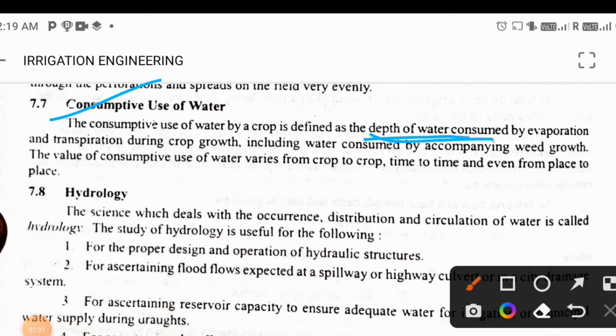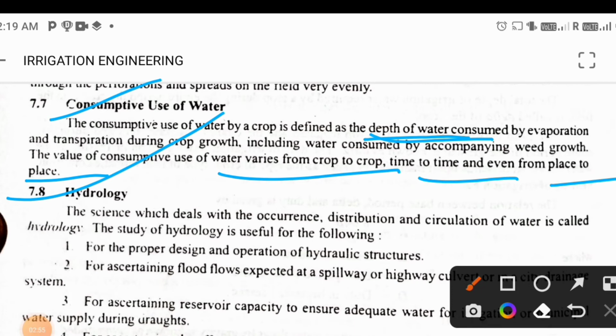The value of conjunctive use of water varies from crop to crop, time to time, and even from place to place.